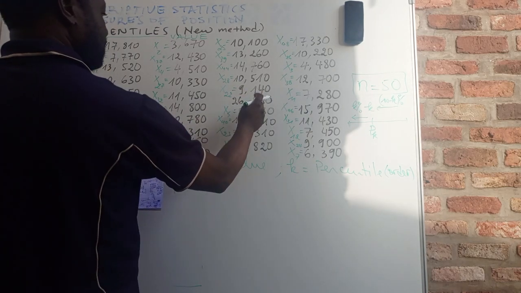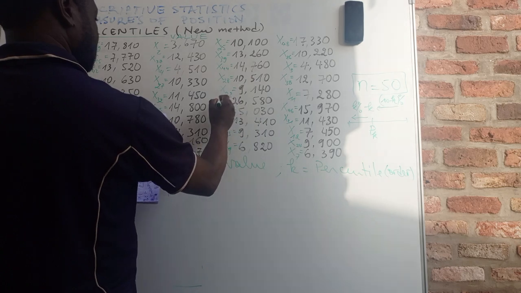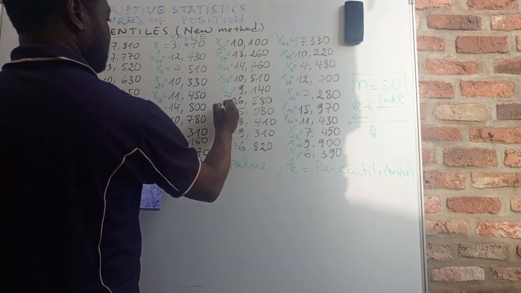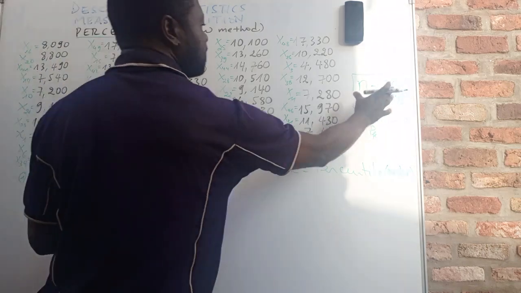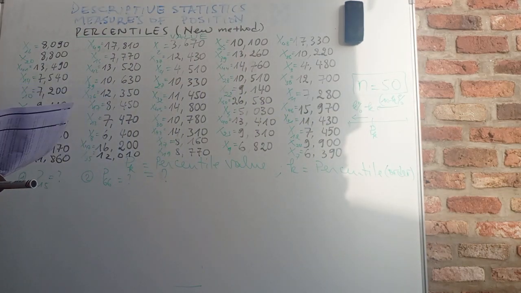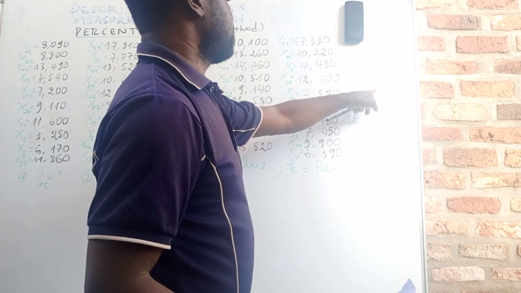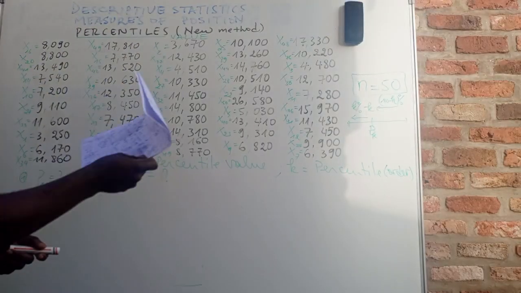It is 580. x sub 50. Now we have in total a univariate distribution of size 50, n equals 50.